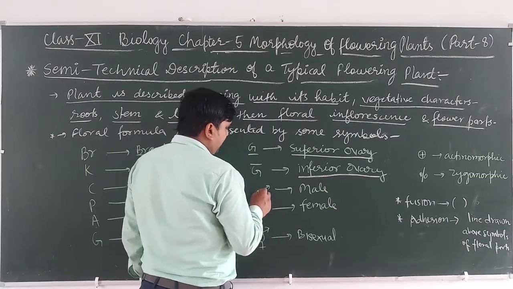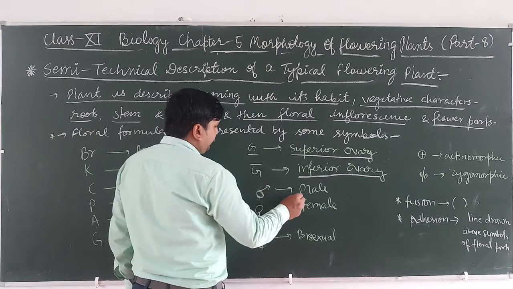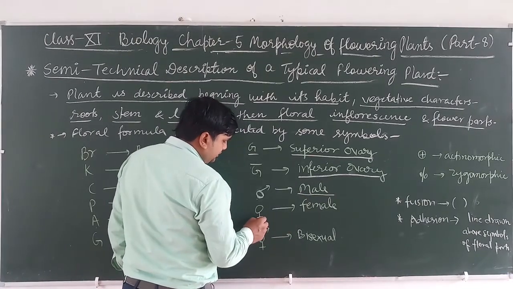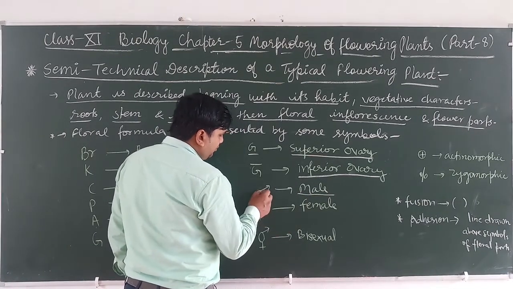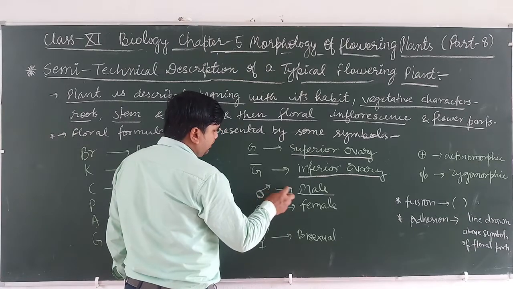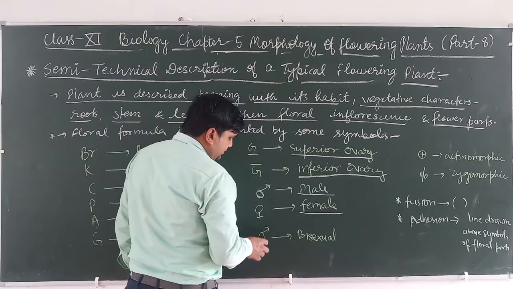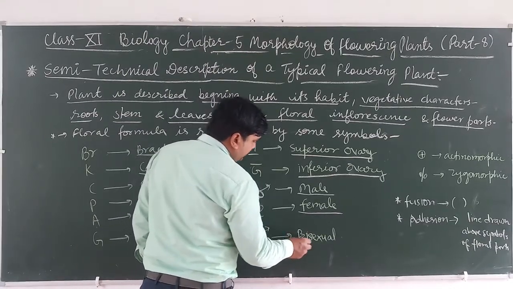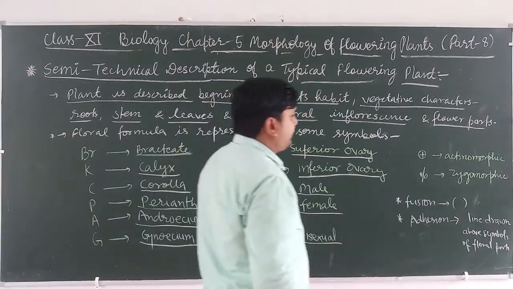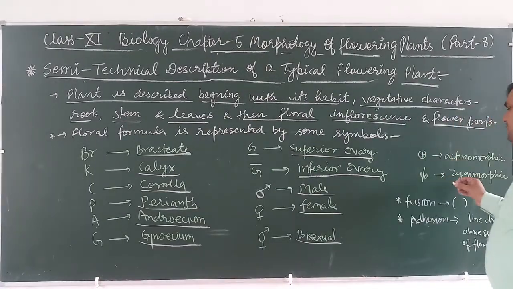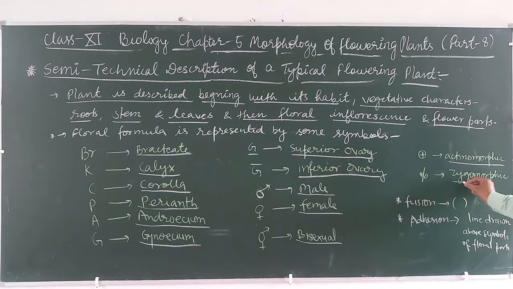This is the symbol of male, an upward arrow, and female, a downward arrow. Both male and female together are called bisexual. Within brackets, the plus sign shows actinomorphic, and the percent sign shows zygomorphic characters of the flowering plant.